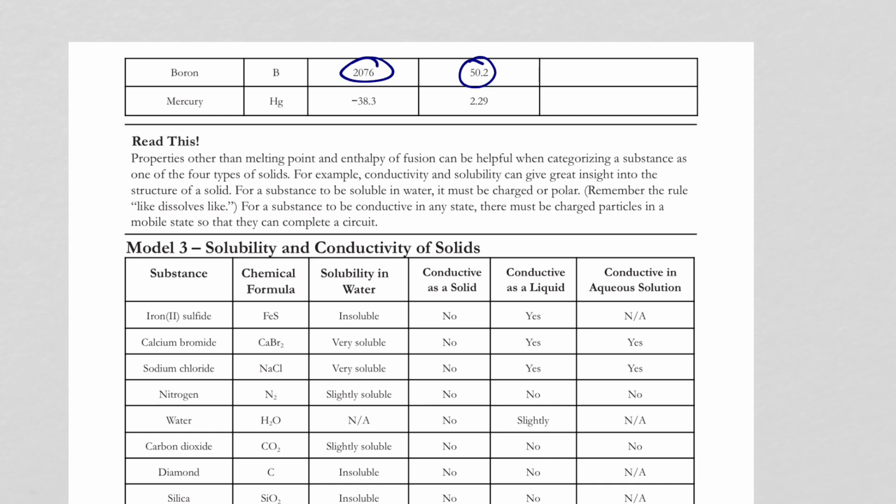What type could that be? And mercury, which is a metal, has a negative 38.3 melting point; this is a major exception here. There's another one, gallium, that melts at 27 degrees Celsius and also has a very low enthalpy of fusion. But what could that be? If you can justify your answers, that is going to be the important part.